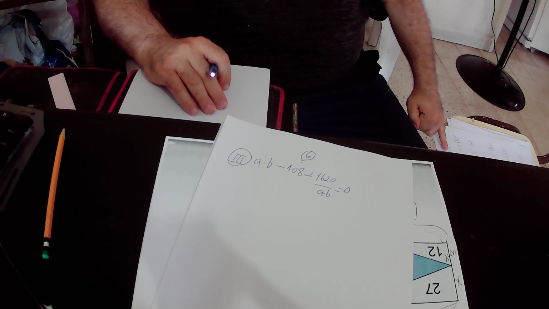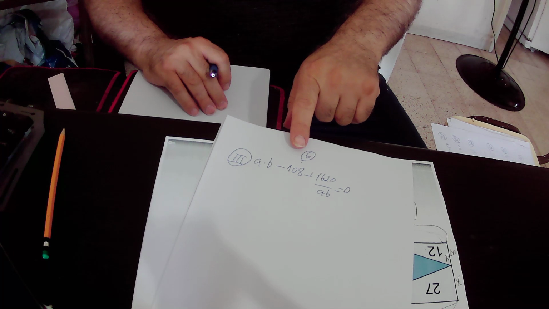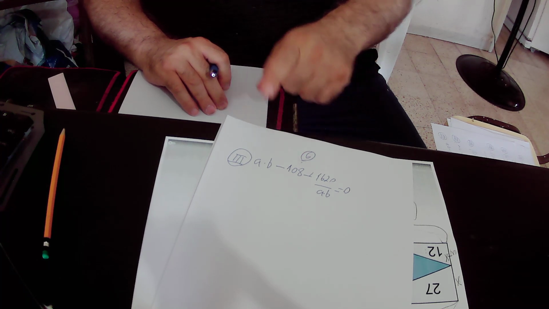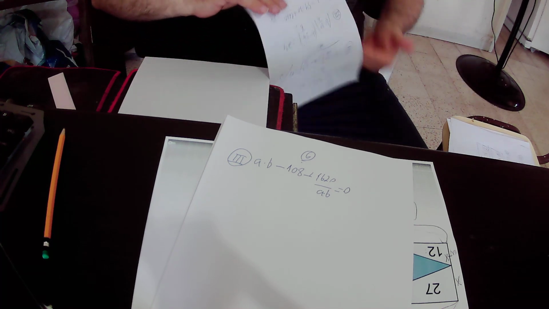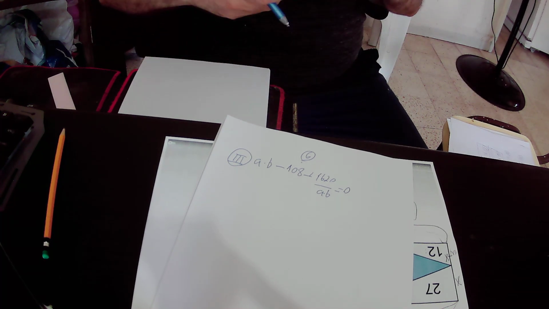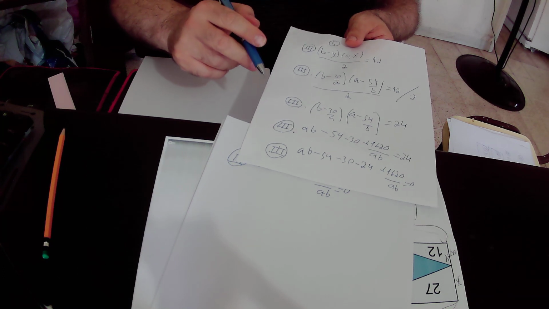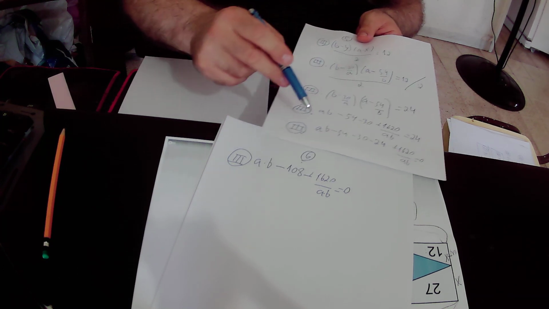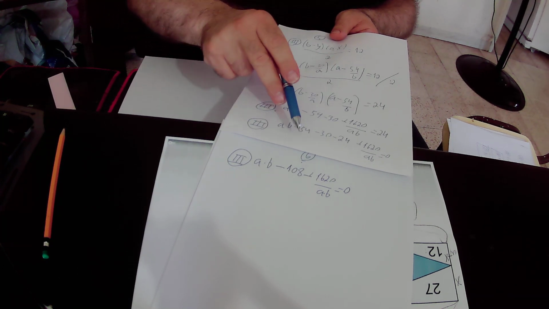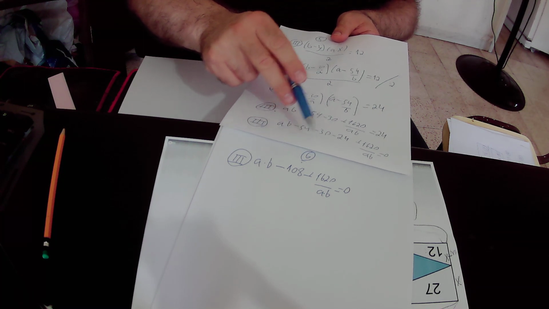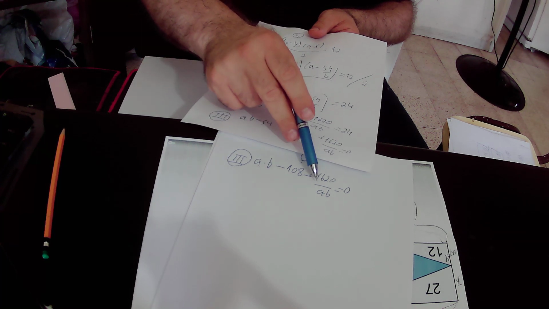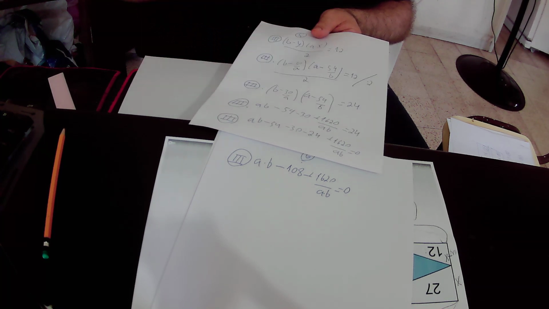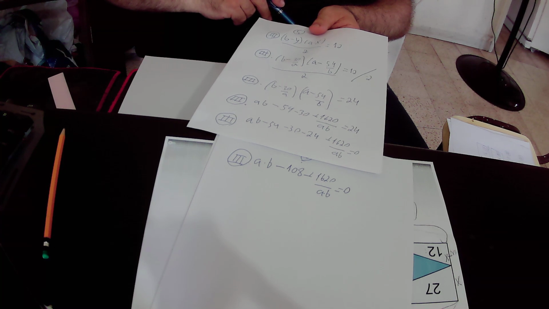Minus 54, minus 30, and minus 24 equals negative 108, and we copied the rest of the third equation as it is. Here is ab squared, and this is negative 108 ab, and we have 1620 over ab equals 0.